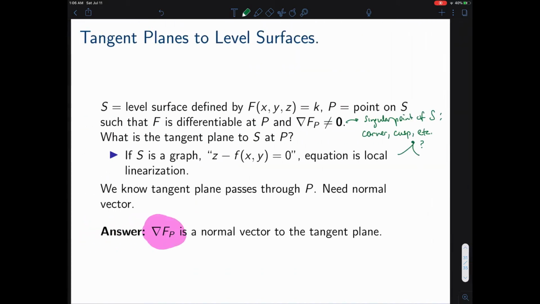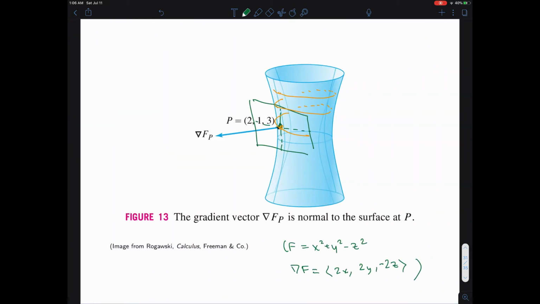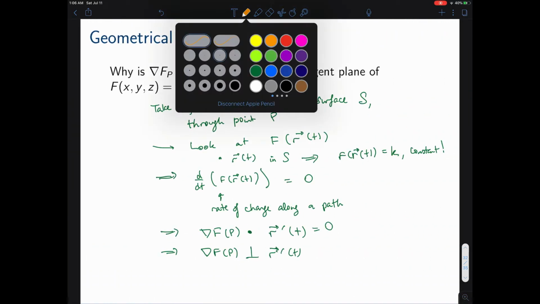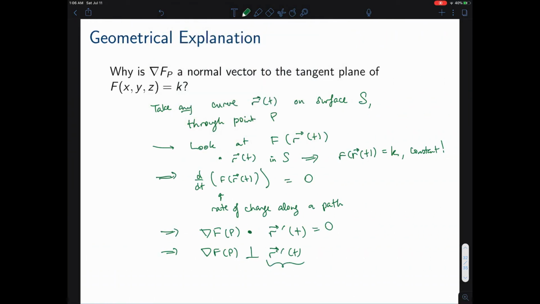Well, going back to the picture, right here, there's r prime of t. And look at it, it's a tangent vector to that curve. That means that it's a tangent vector to the surface. So this r prime of t is a tangent vector in the tangent plane.